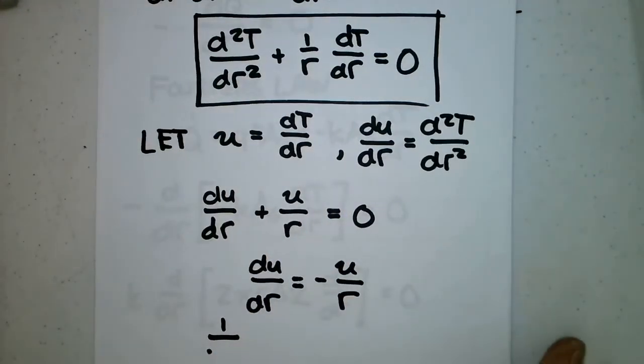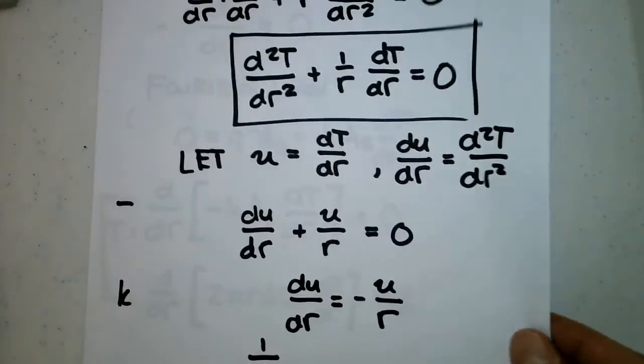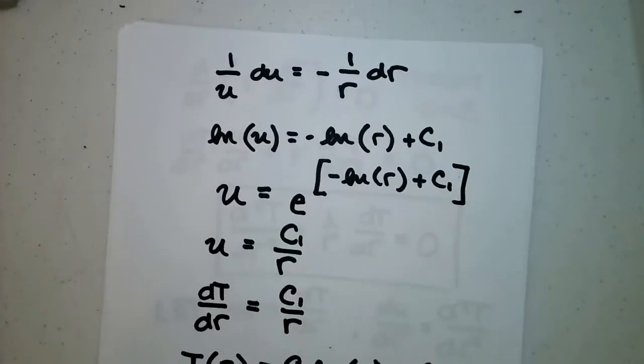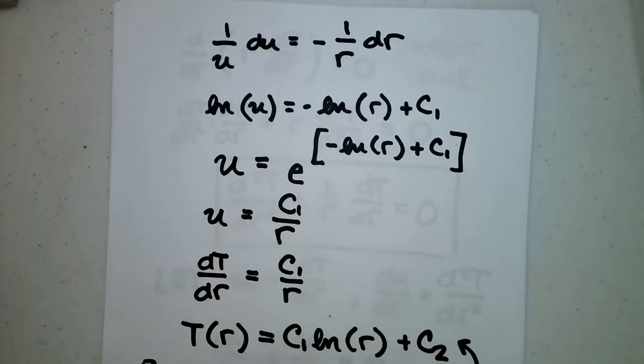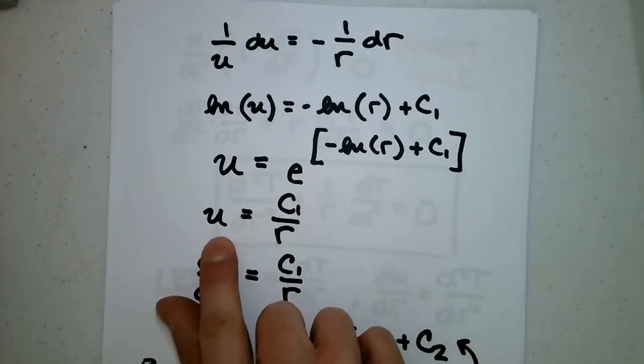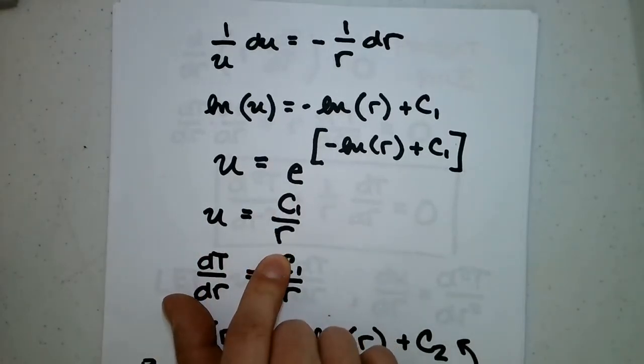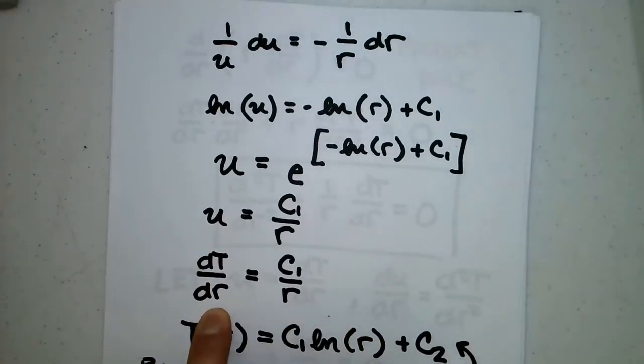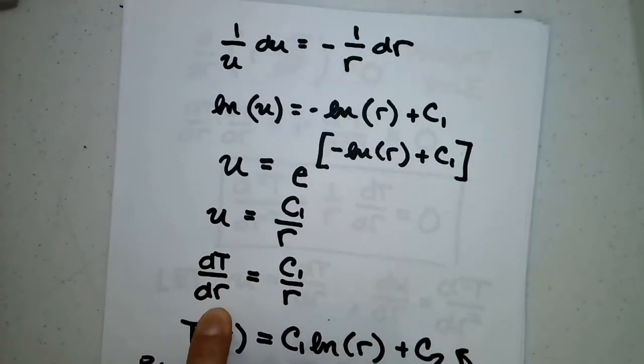We then solved this first order equation by separating it. This wasn't too bad to go through and separate. So we had 1 over u du equal to negative 1 over r dr. And we integrated this function, found out that the solution to this was, for u at least, c1 over r. U we had to back substitute because that was dT/dr when we reduced the order of this differential.